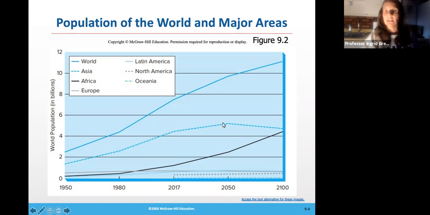Asia is going to be sustaining itself, even dropping, because China has set limits on the number of children you're allowed to have, and in general many of those developed countries are limiting or are not so interested in having big families any longer. You'll also find it interesting that Europe is kind of sustaining itself.